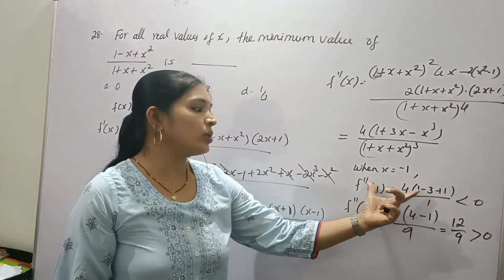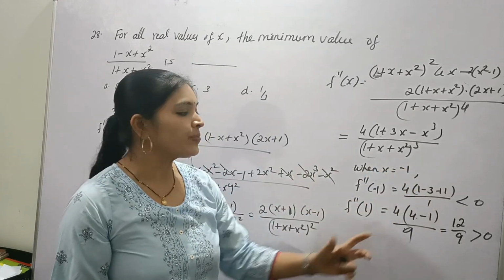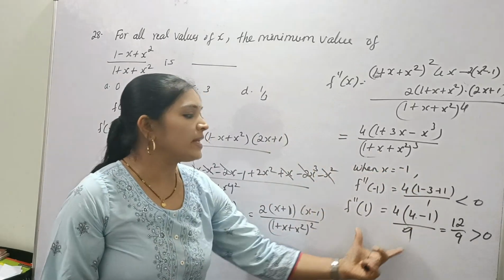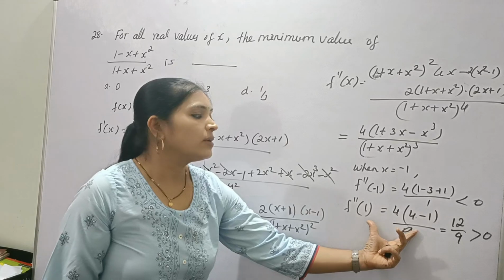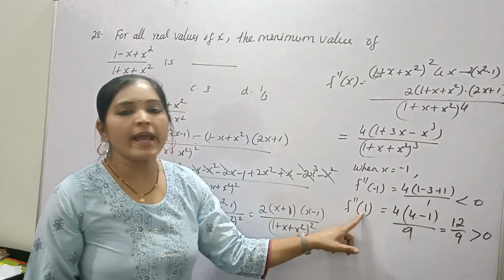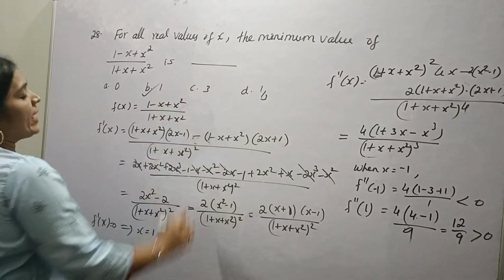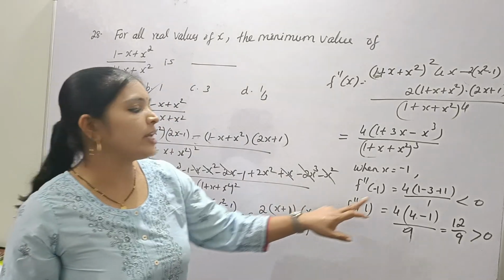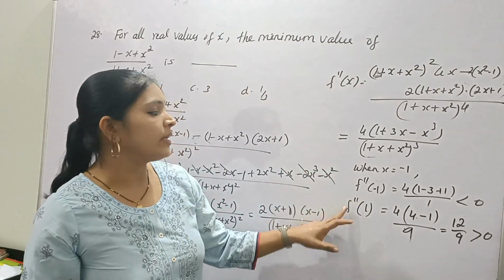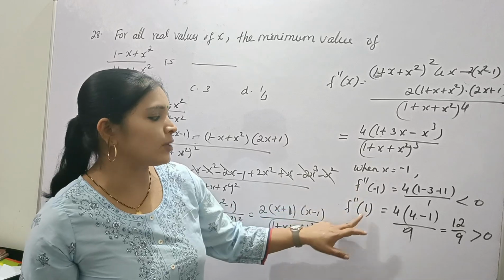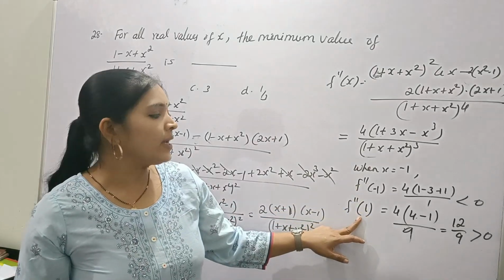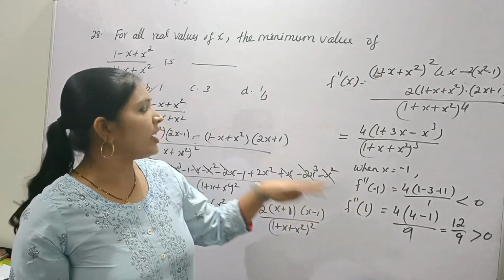It is less than 0 at the other point, therefore here it is not the point, okay? So we need minimum, right? So this function is minimum when x is equal to 1. So 1 is the answer, okay? When x is equal to 1, the function is minimum, because we have got f double dash of x is greater than 0 when x is equal to 1, okay? That is, the function is minimum when x is equal to 1.